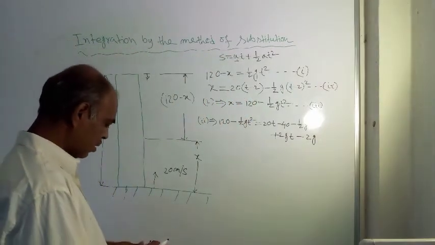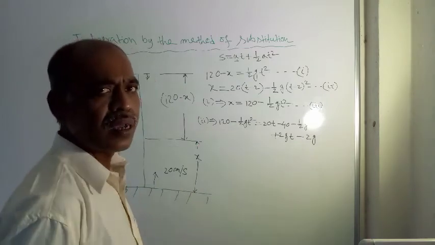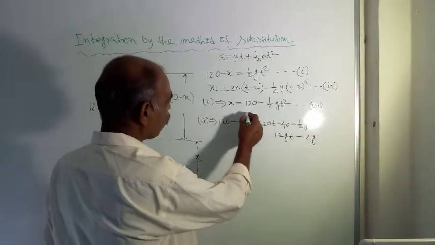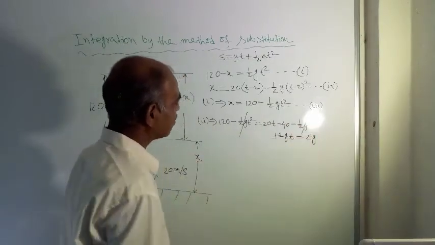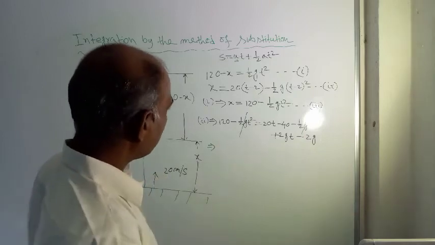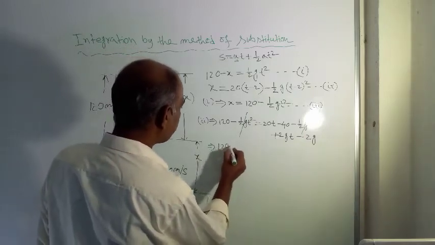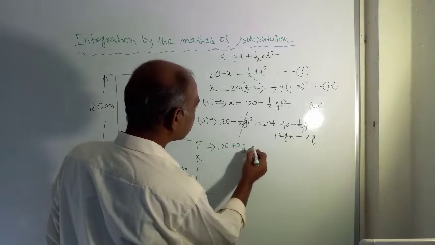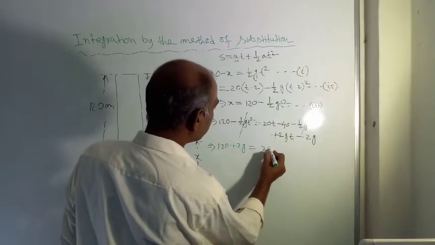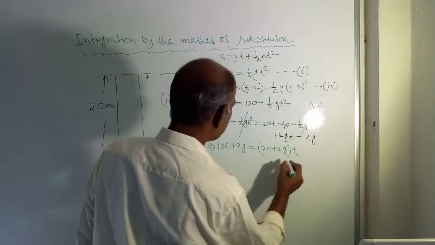Now this minus half g t square appears on both sides, so they are cancelled. So the result is 120 plus 2g is equal to 20 plus 2g into t.